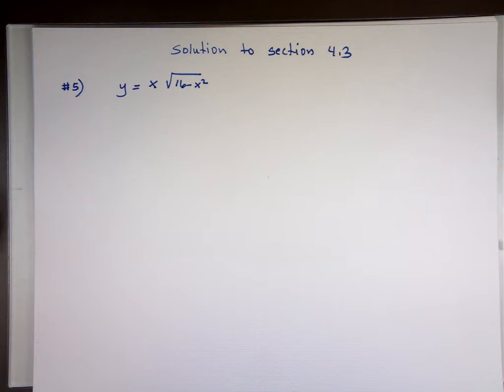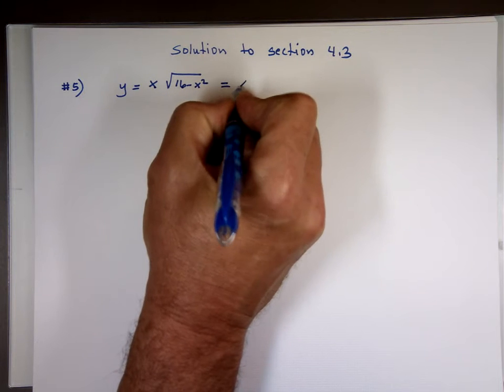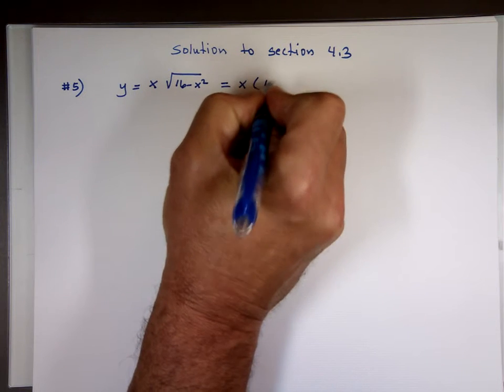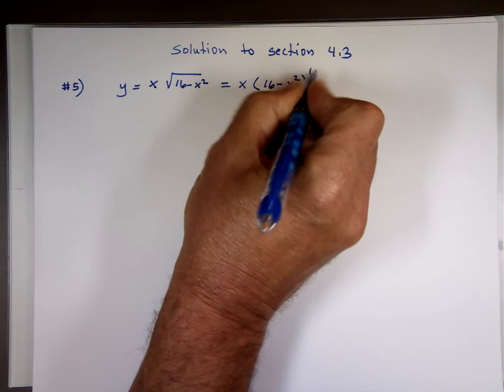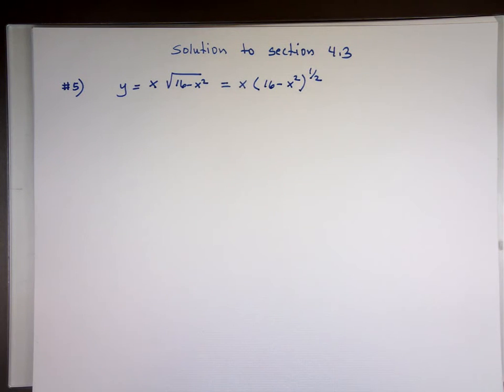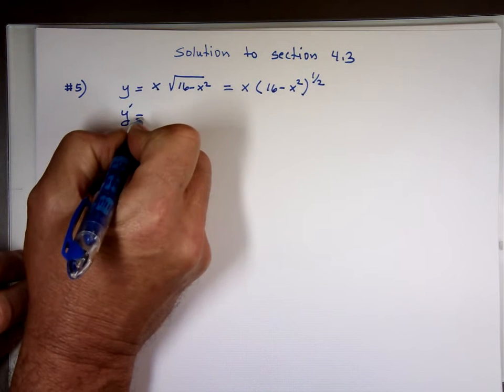Well, to find out where the function is increasing or decreasing, we need to take the derivative. Now, to take the derivative, I'm probably going to rewrite this as x times 16 minus x squared to the power of what? 1/2. So for the derivative of that, I have to use the product rule.